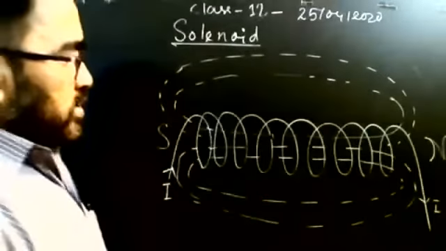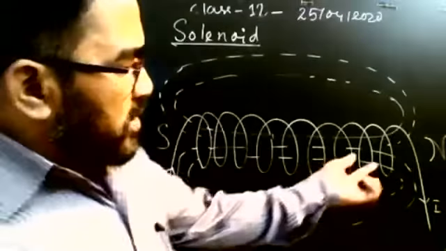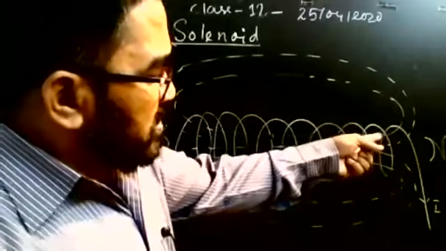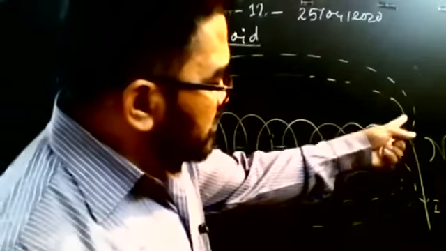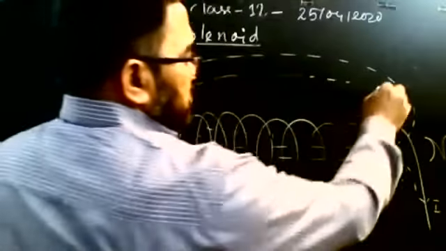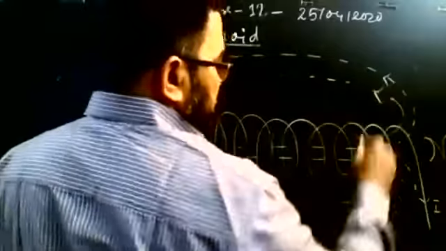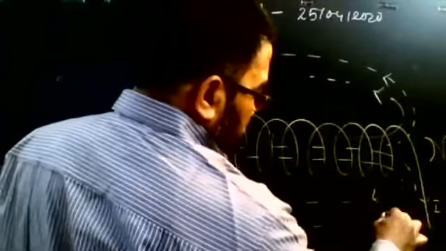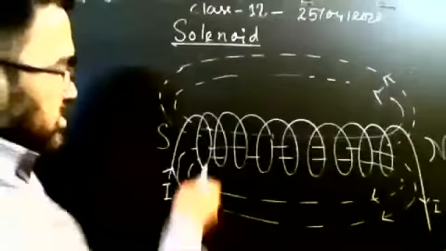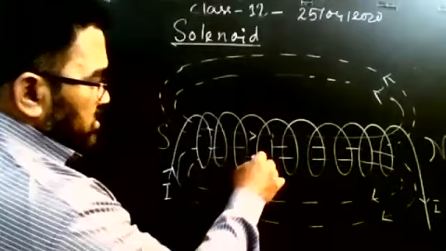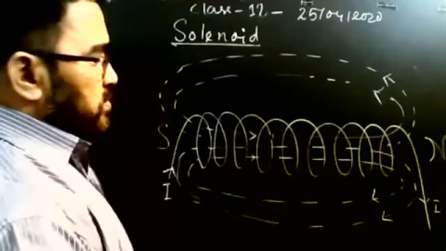As you know, the magnetic lines of force always direct from north pole to south pole, so your arrow mark should be like this, north pole to south pole. And inside the solenoid, they are directed from south pole to north pole.